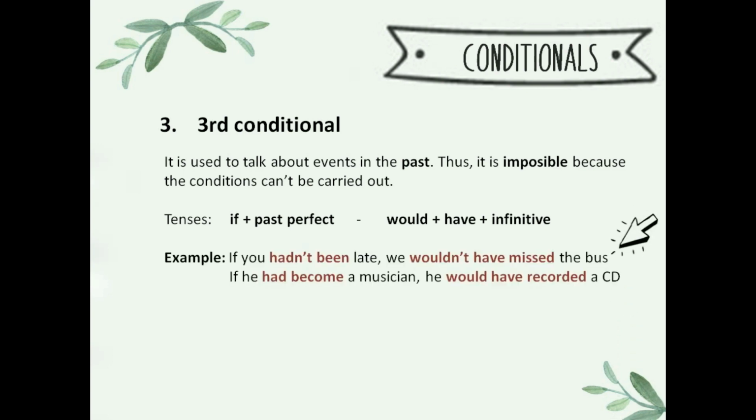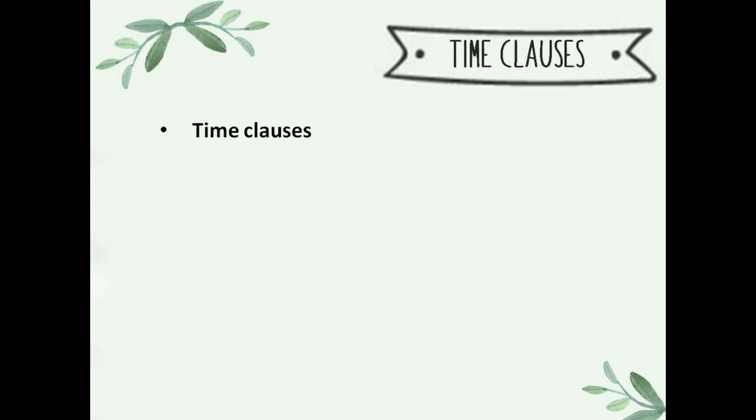Look, if you hadn't been late, we wouldn't have missed the bus. Look, we've got if plus the past perfect and would plus have and the past participle. If he had become a musician, he could have recorded a CD.